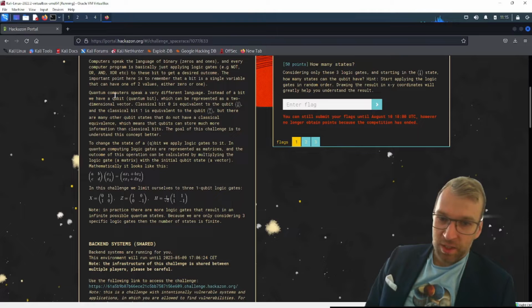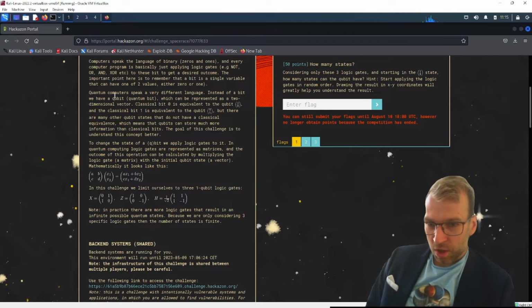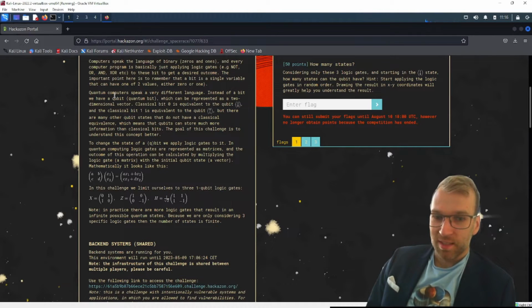To change the state of a qubit, we apply logic gates to it. In quantum computing, logic gates are represented as matrices, and the outcome of this operation can be calculated by multiplying the logic gate, a matrix, with the initial qubit state, a vector. Mathematically, it looks like this. Okay, so we have the matrix here, interesting.